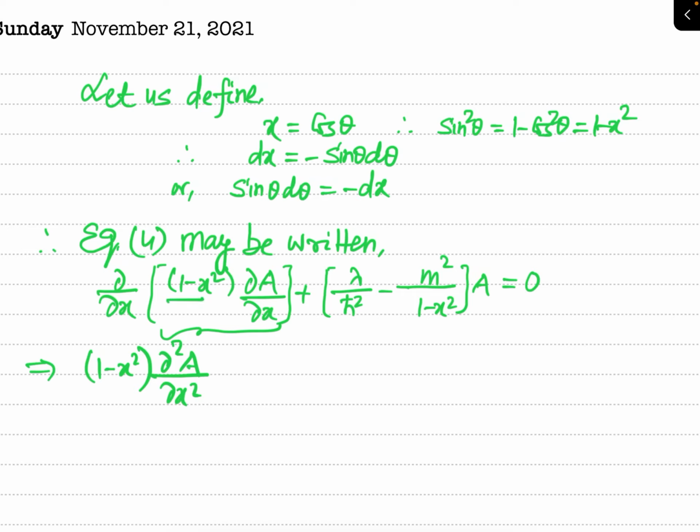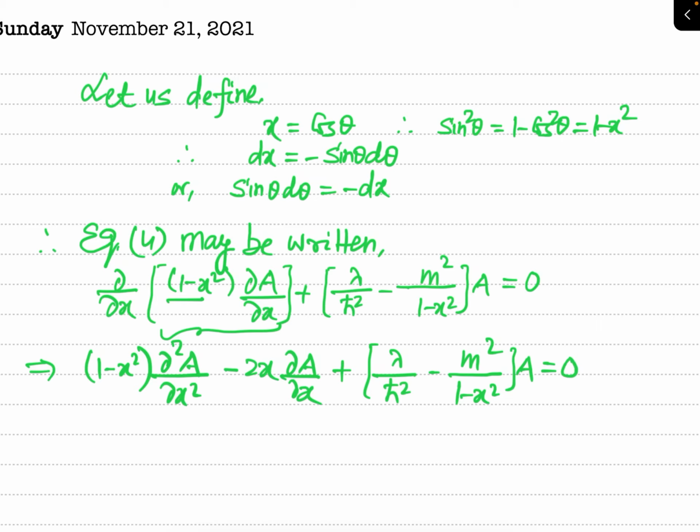Now we will differentiate the first factor, and after differentiation you will get minus 2x. So this will be minus 2x del a by del x, and plus lambda over h bar square minus m square over 1 minus x square times a equal to 0.